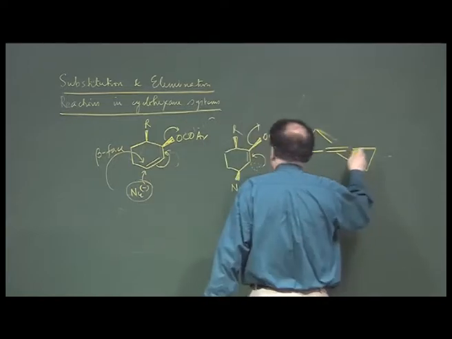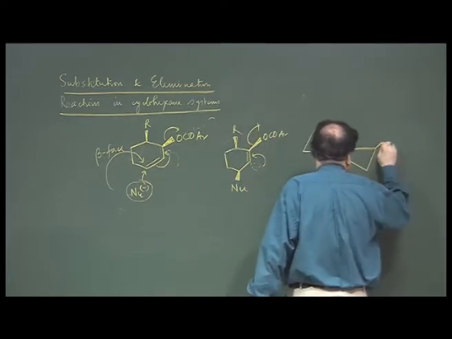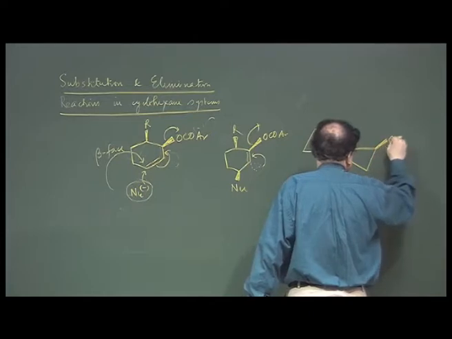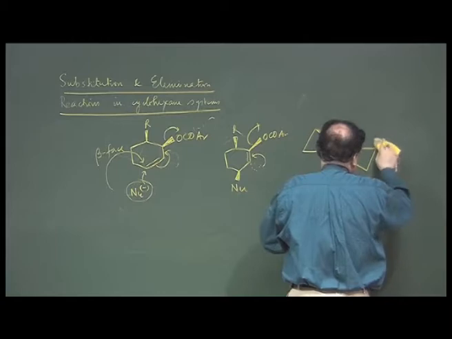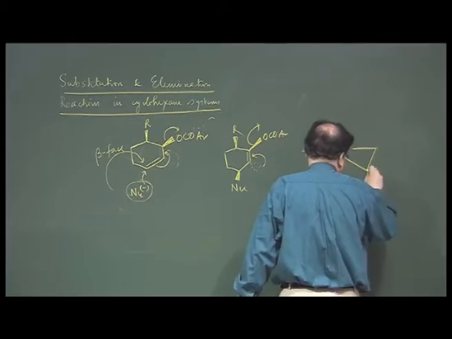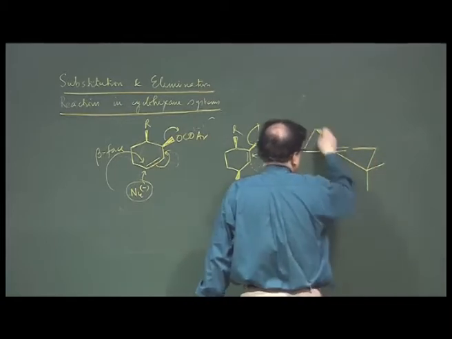Now, where is your acid, the benzoate? The benzoate is here, OCOAr. In cyclohexane these groups are pseudoaxial and pseudoequatorial.